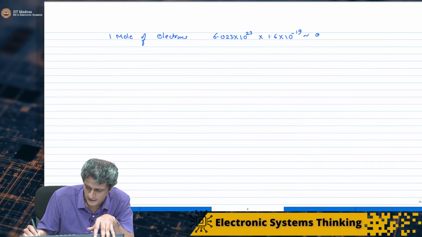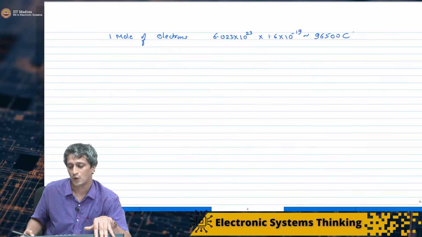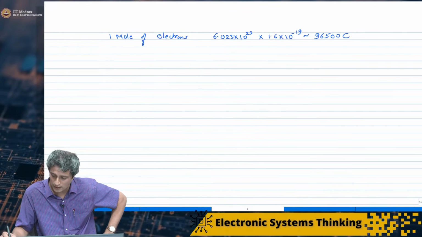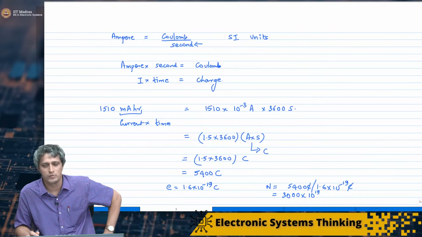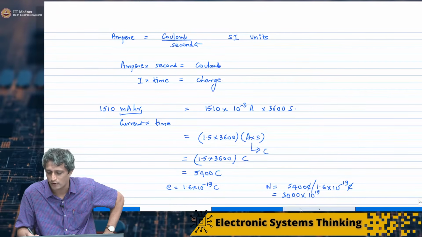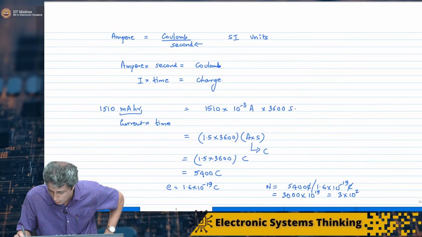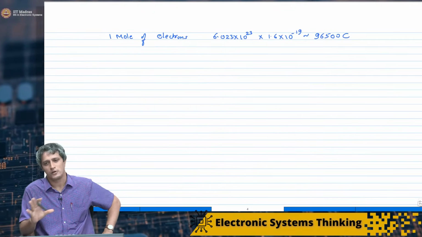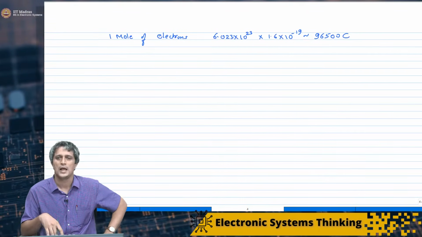This is approximately 96,500 coulombs of charge. So if you look at the number here, we had about 5400 coulombs, which is about half that, and that's exactly what we are getting from our calculation as well. You get something like 3 into 10 power 22. So approximately we are sort of there in terms of order of magnitude again, right?